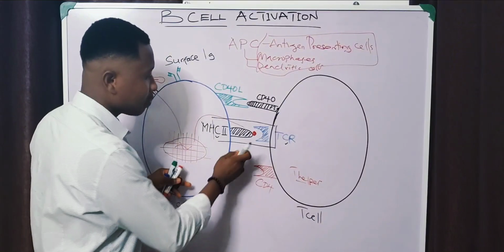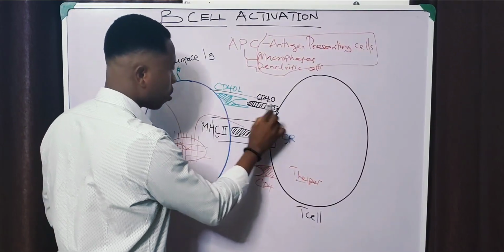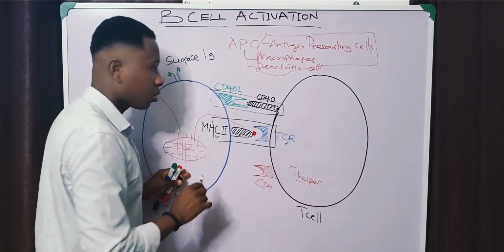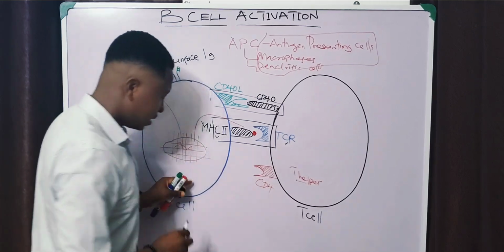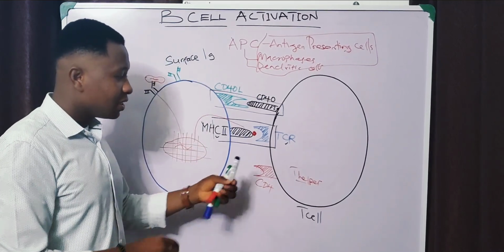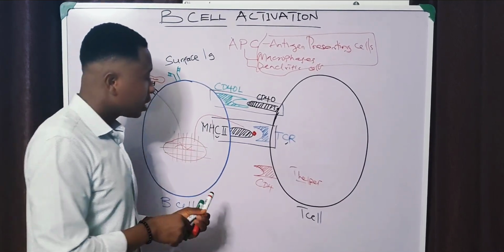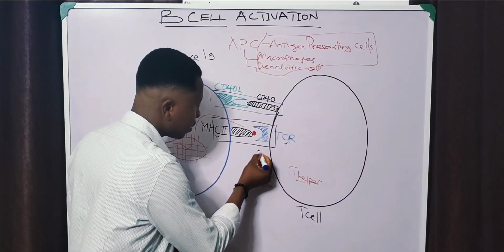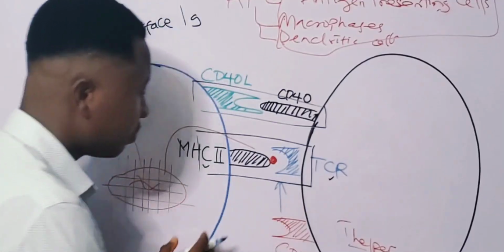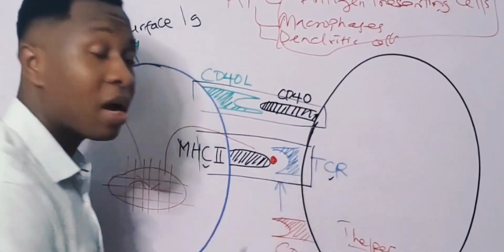So when this binding occurs, it also occurs as a complementary binding. But what is the function of the CD4? The CD4 is very important because it checkmates the binding between MHC class 2 and TCR.